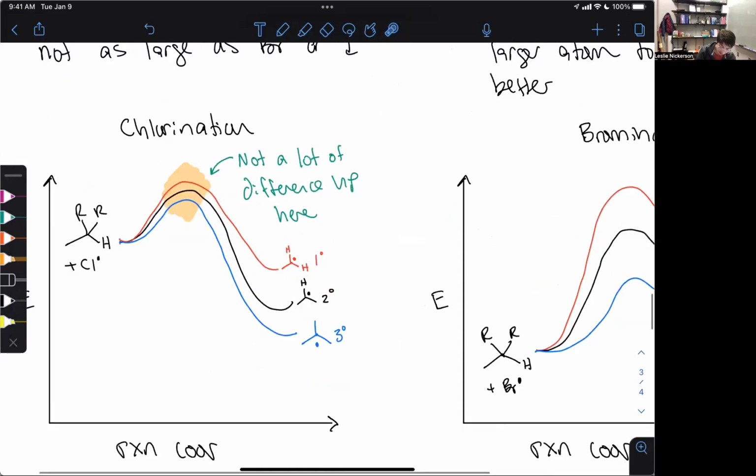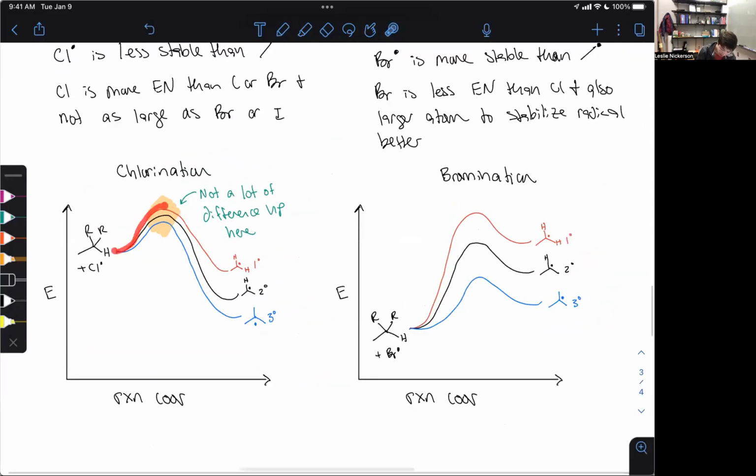Okay, so if I go a little higher and go to a primary radical, that's not that much different than if I do the secondary.